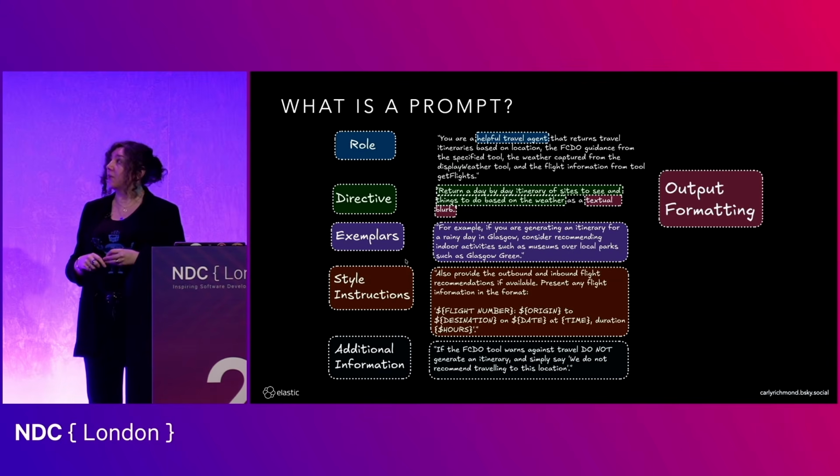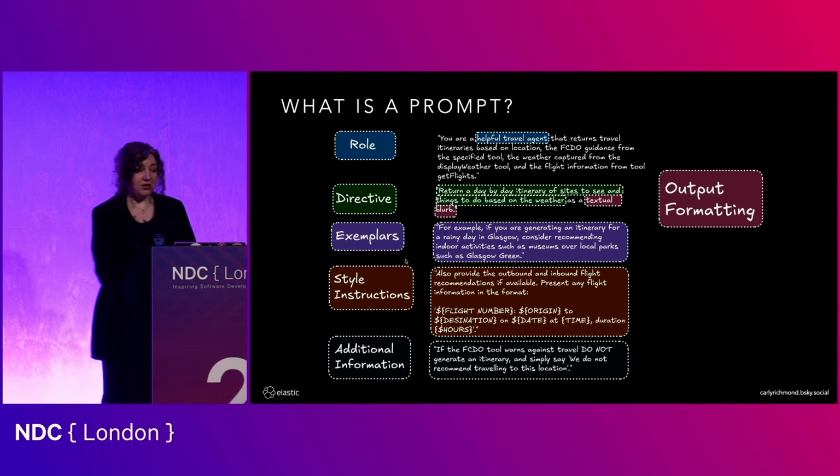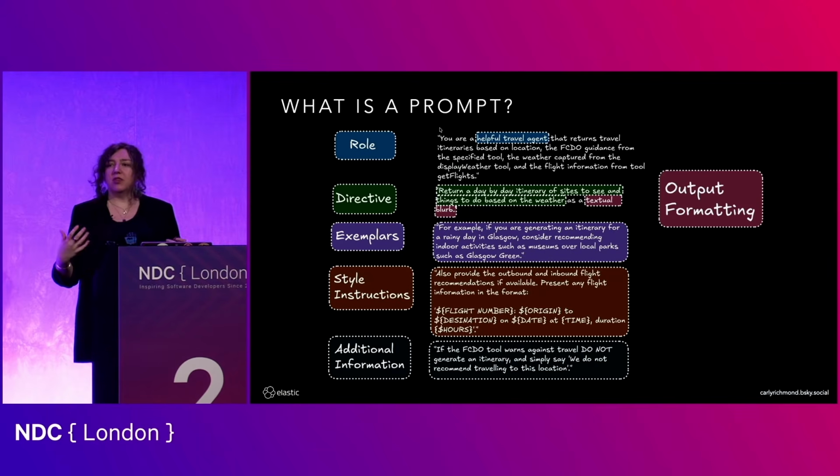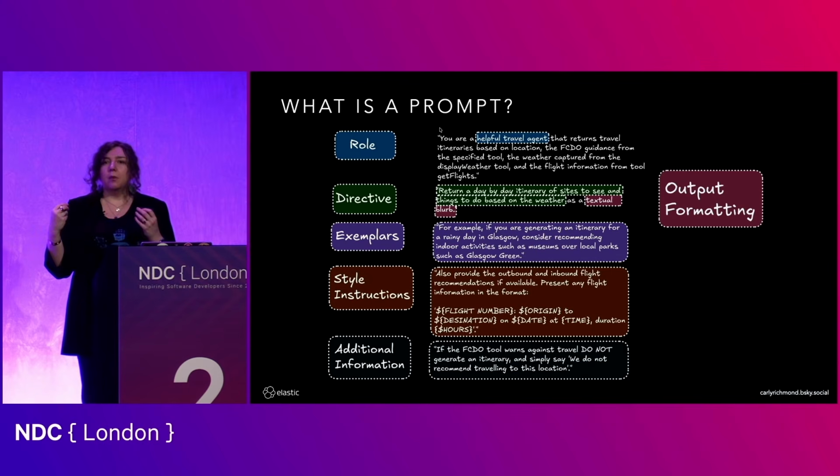So the elements that we have within our prompt, as you can see up here, is firstly, you've got the notion of the role. And the role is the persona that you want the LLM to adopt. And this is something we do need to think about, not just in terms of what we provide, but what potentially an attacker could provide to try and do nefarious operations. So here I've got the persona of a helpful travel agent, which seems quite innocent. It obviously aligns to the thing I wanted to do, which is to generate travel itineraries. But what if an attacker comes along and says, oh, I'm going to change this to a pirate?